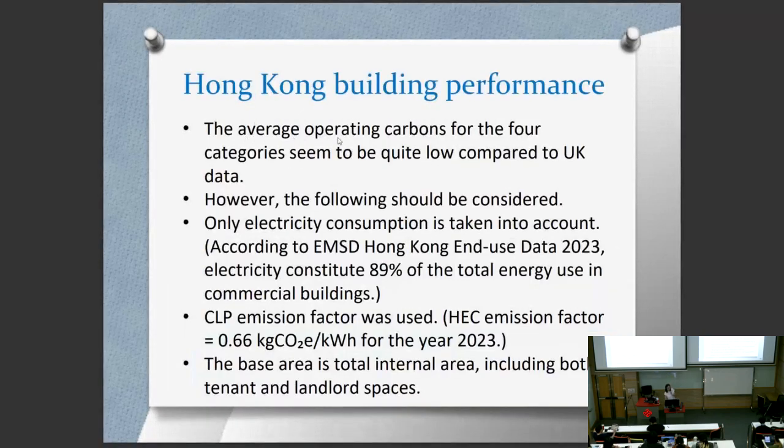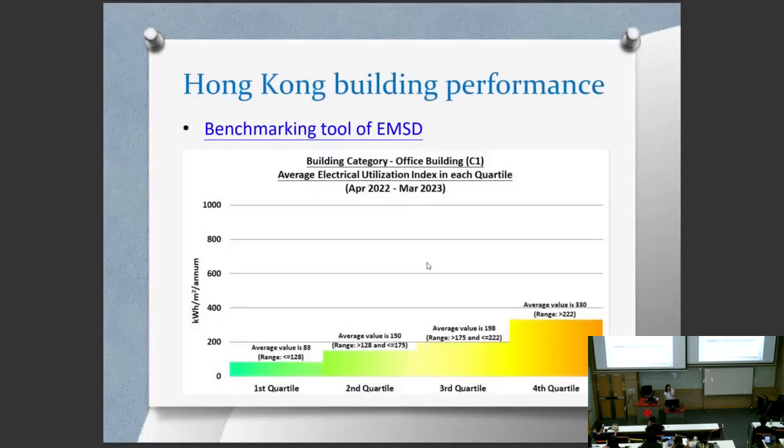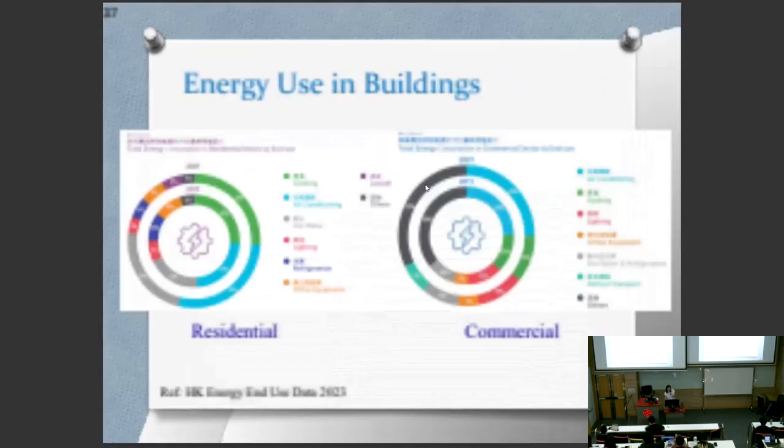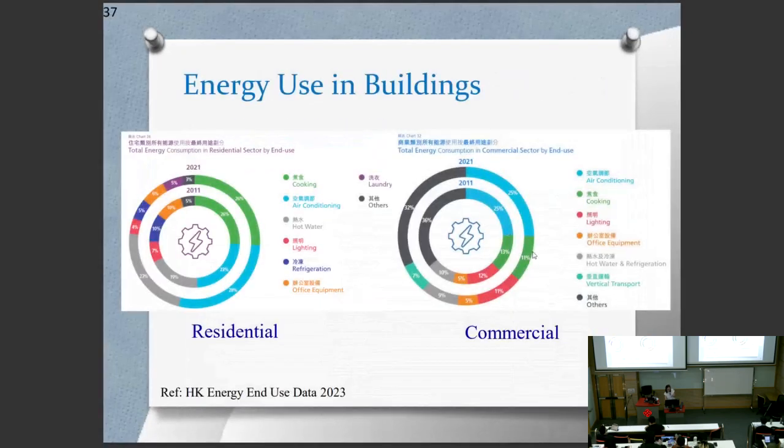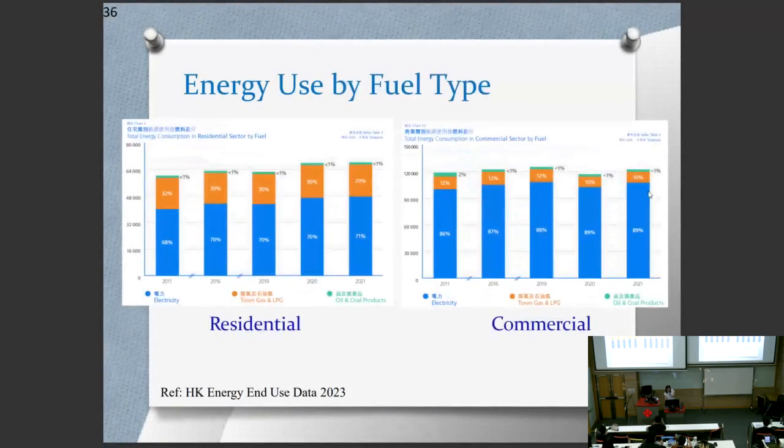So the average operating carbons for the 4 categories seem to be quite low compared to the UK. However, the following should be considered. Okay, only electricity consumption is taken into account. So here, this is only for electrical utilization index. And for the commercial buildings in Hong Kong, 89% would be electricity.